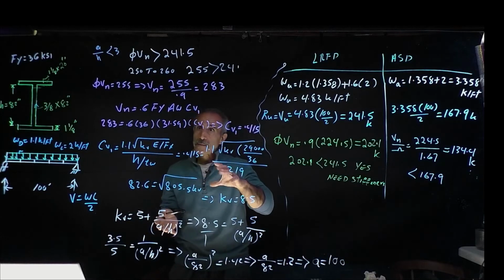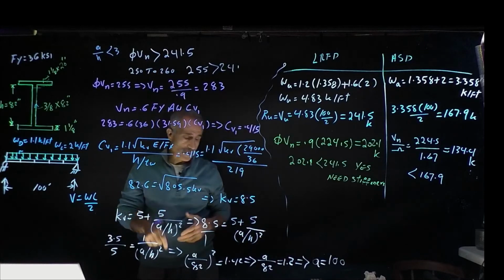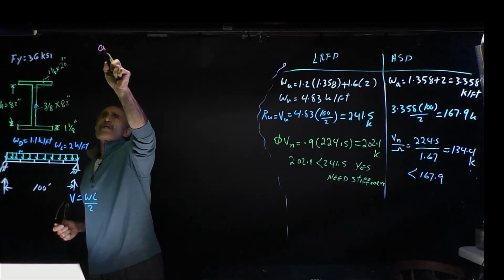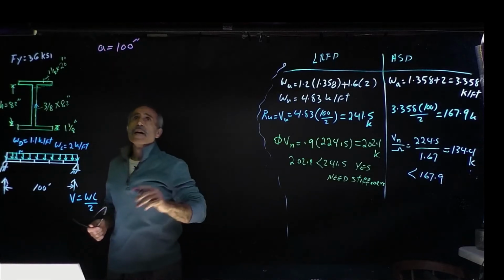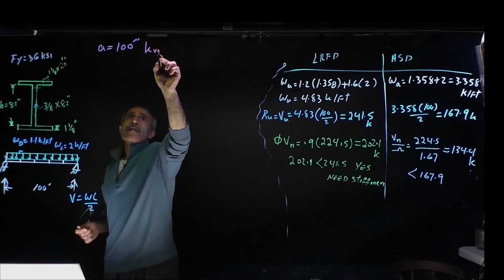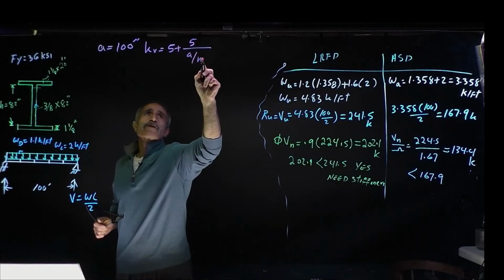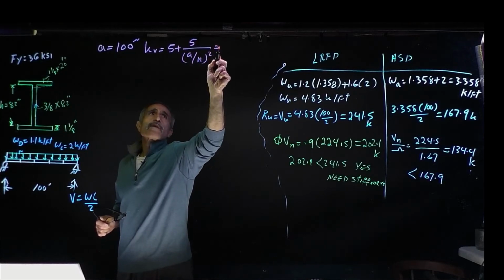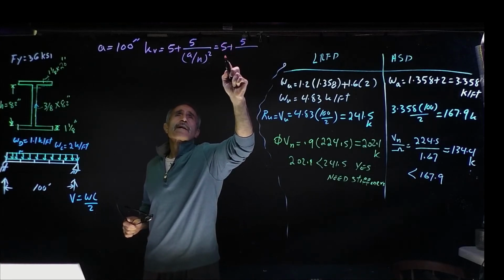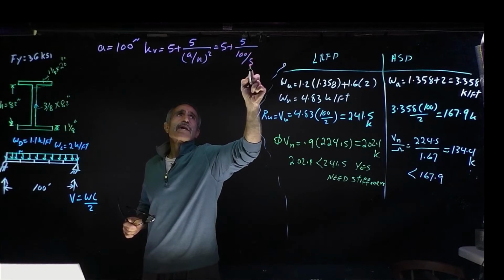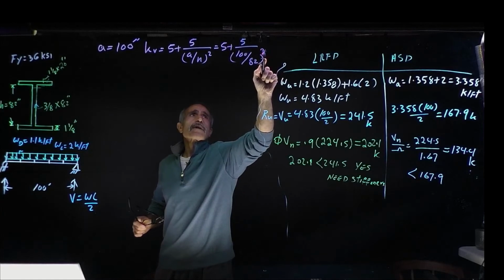if you're not experienced. So I'm going to erase this board, and we're going to use a equal to 100, and we're going to continue. We're going to go ahead and assume a is equal to 100. That's a very educated guess that we just did, 100 inch. And therefore, based on that, our kv comes out to 5 plus 5 divided by a over h squared, which comes out to 5 plus 5 divided by 100 over 82 squared.